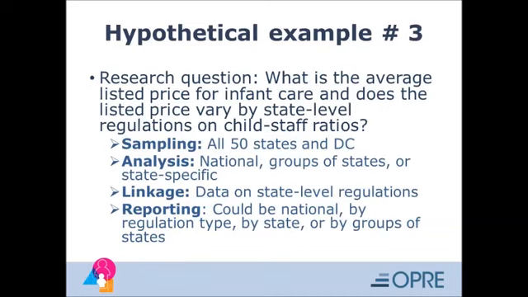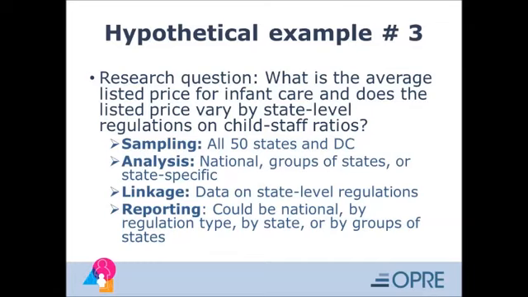A third example now brings in linkages. So what is the average listed price for infant care, and does that listed price vary by state-level regulations on child-staff ratios? Okay, so this is a question that you can approach in a number of different ways. Potentially, you could use all 50 states and the District of Columbia's data to generate this estimate.